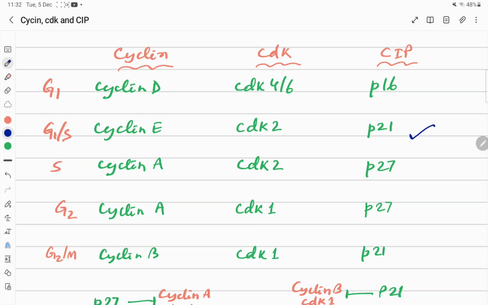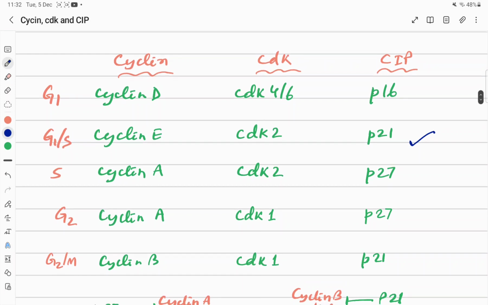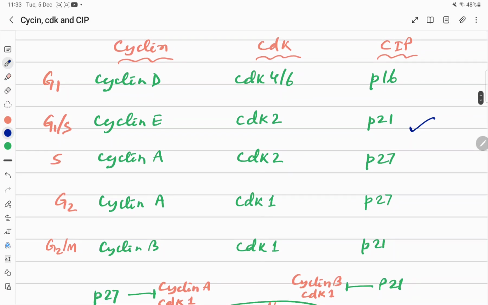Then the S cyclin is Cyclin A. The specific Cdk is Cdk2. The Cyclin A Cdk2 complex can progress the cell through the S phase, and P27 binds to both Cyclin A and Cdk2 to inhibit their action in the S phase. Then the G2 cyclin is Cyclin A again, but the Cdk is Cdk1.